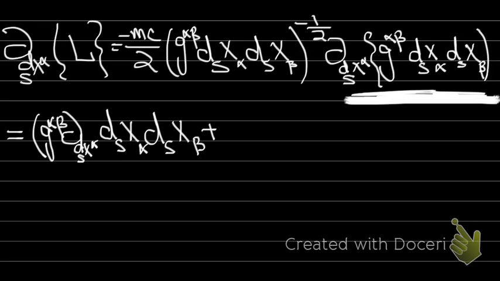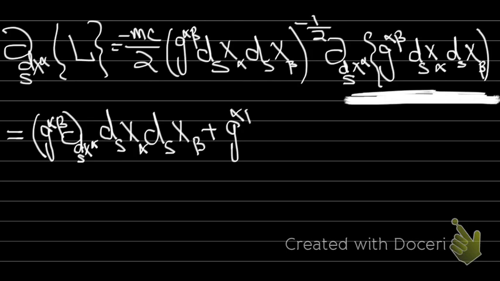okay, so first we took the derivative of this term, the first term, and now we keep the first term as it is and we take the derivative of the next term, right? So that's the definition of the product rule.